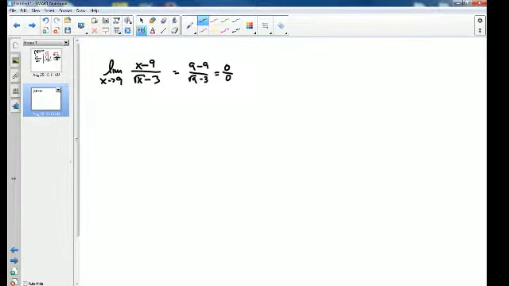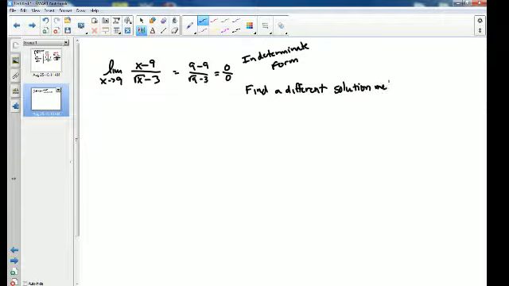This is what we call an indeterminate form. And what that means is that it doesn't help us solve the limit. So basically what it means is we have to find a different solution method. That's what that tells us.